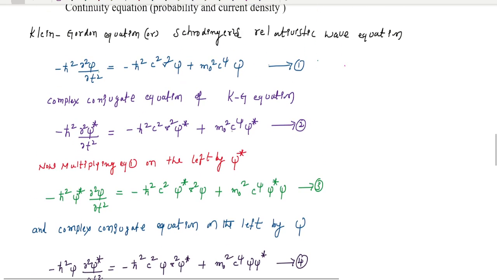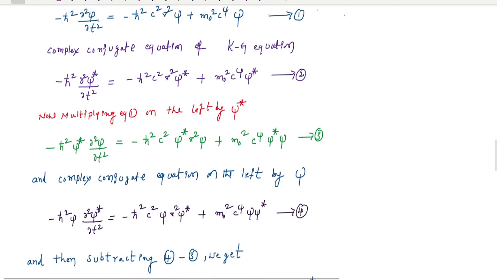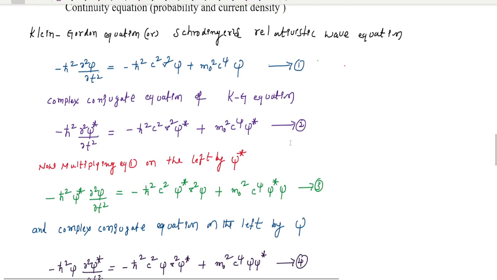Then here I am going to multiply the left side of equation number 1 by the complex conjugate of the wave function, and the left side of equation number 2 by the wave function psi.